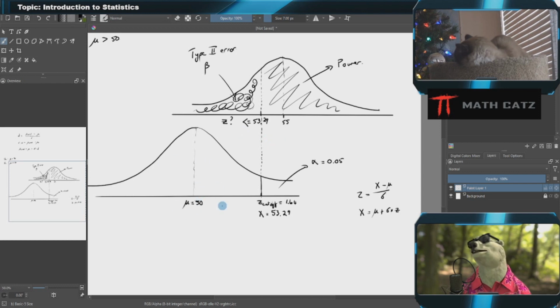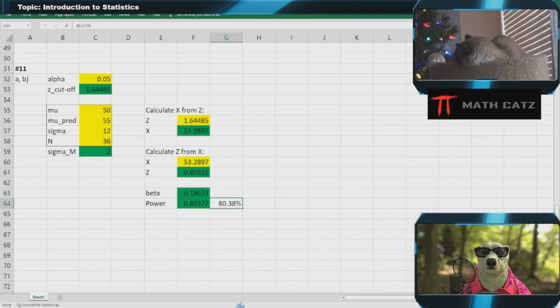The null hypothesis is not true. The probability of me rejecting it, remember, past this cutoff is when I'm going to reject. But if it actually did shift, the probability of making that correct decision is actually much greater, and that is what we call the power.